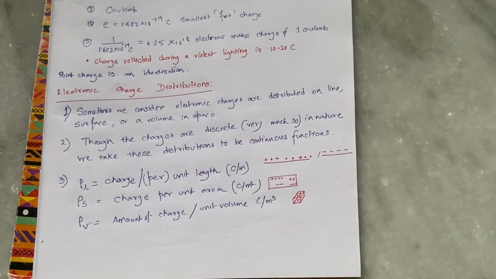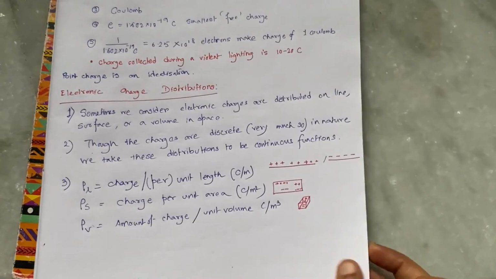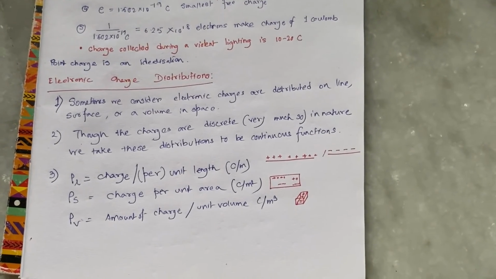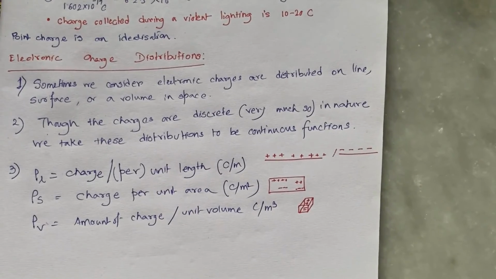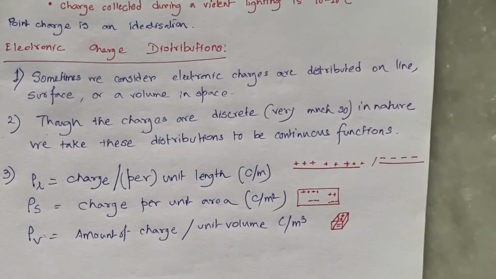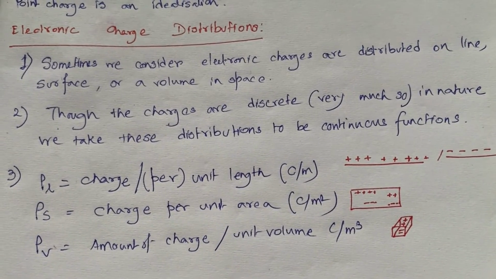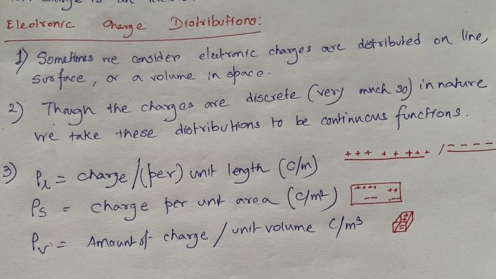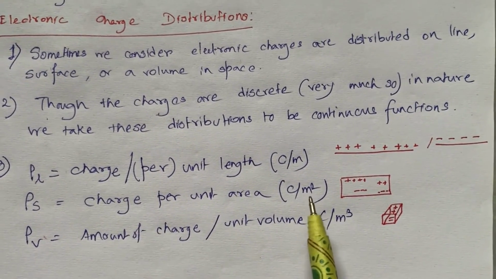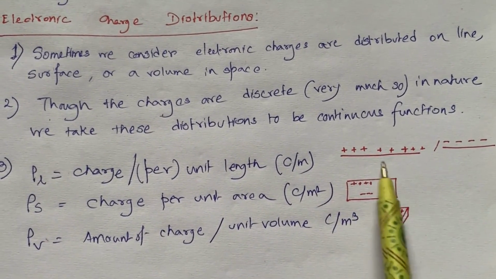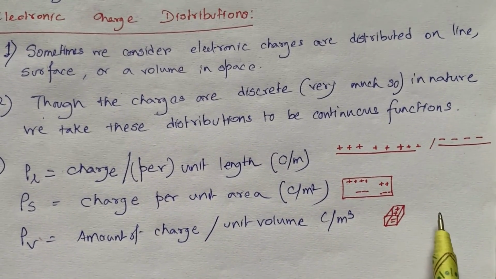This copy also has a volume, so there is a charge distribution inside a volume in space. So we have line distribution of charge, surface distribution of charge, and volume distribution of charge. And these are the quantities we need to take into consideration when the charge distributions are line charge, surface charge or volume charge.